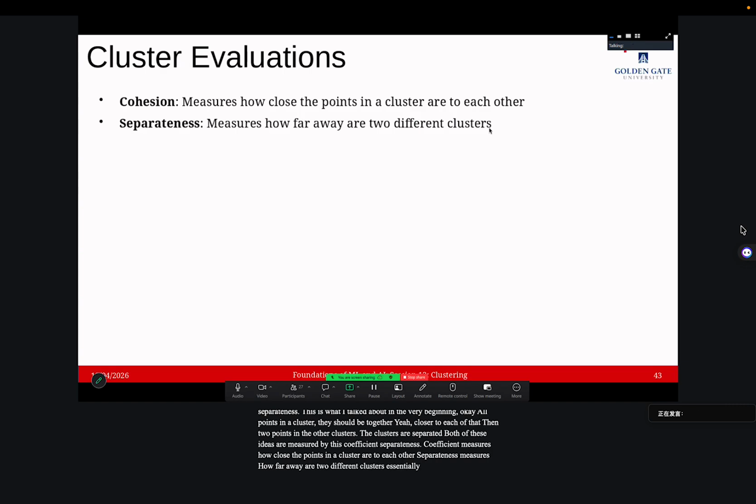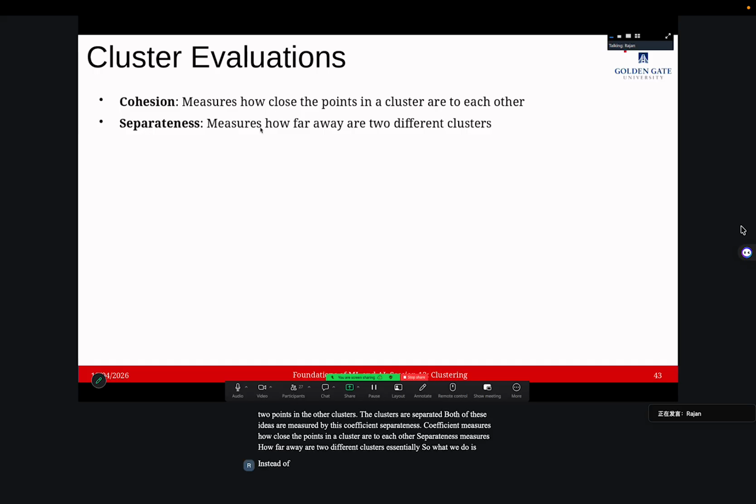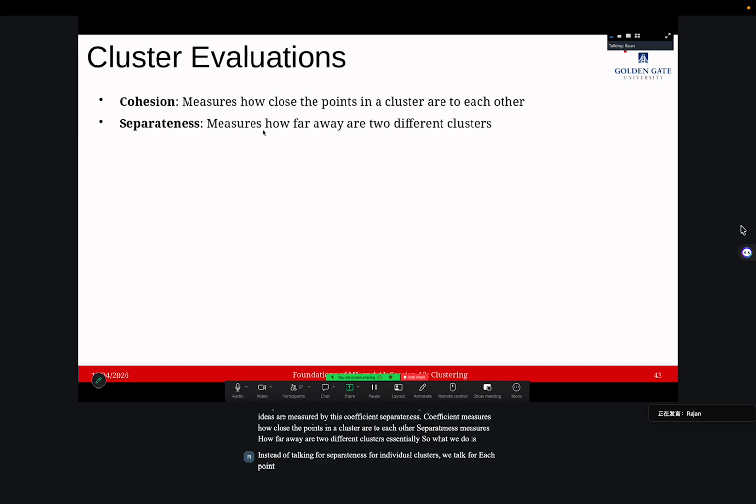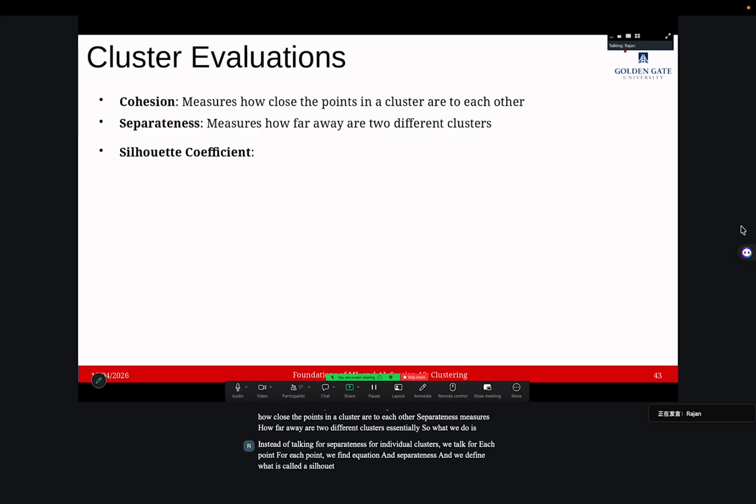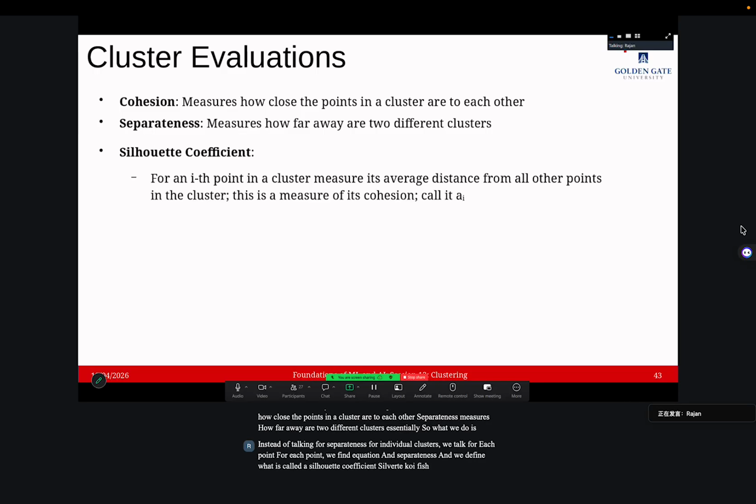So what we do is, instead of talking about separateness for individual clusters, we talk about it for each point. For each point, we find cohesion and separateness, and we define what is called a silhouette coefficient. So what do we do? Consider some cluster, and find some point, the ith point in that cluster.